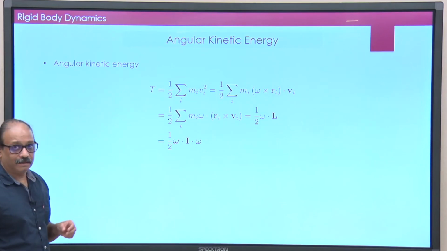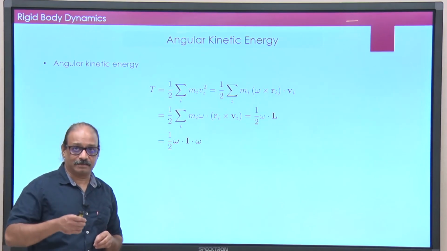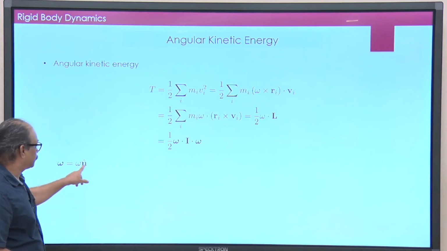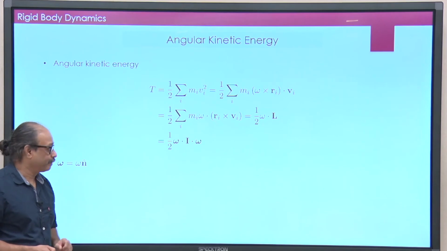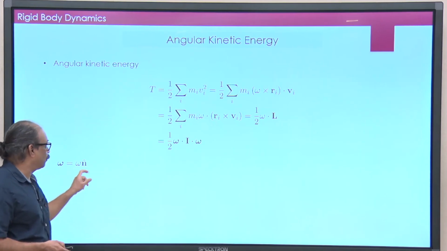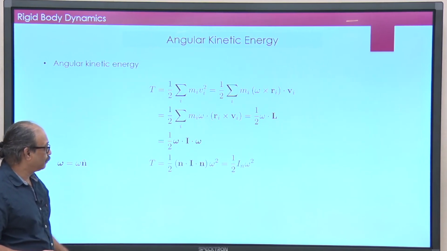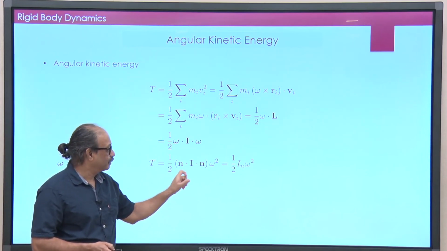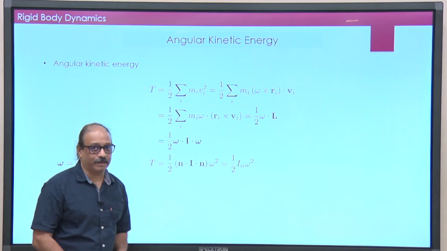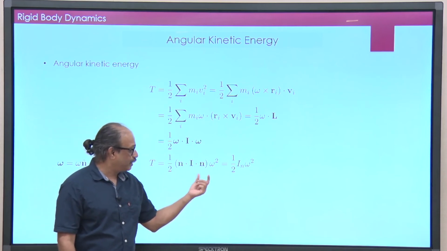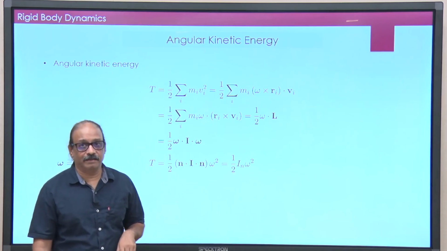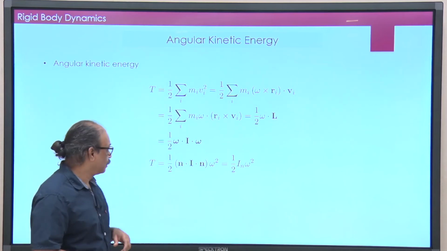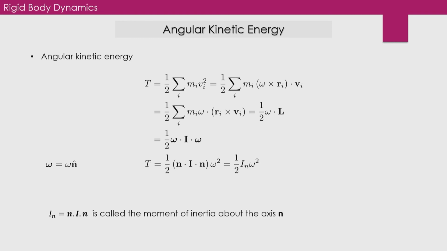If omega is along a particular axis, parallel to n cap, then I can of course substitute omega n cap there, and that would give me half n dot I dot n into omega square, and the quantity in the bracket here I will call I_n, and that is basically the moment of inertia about the axis n.